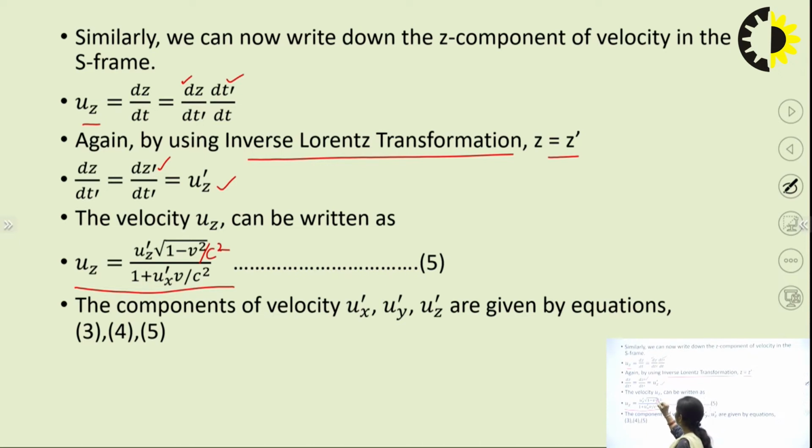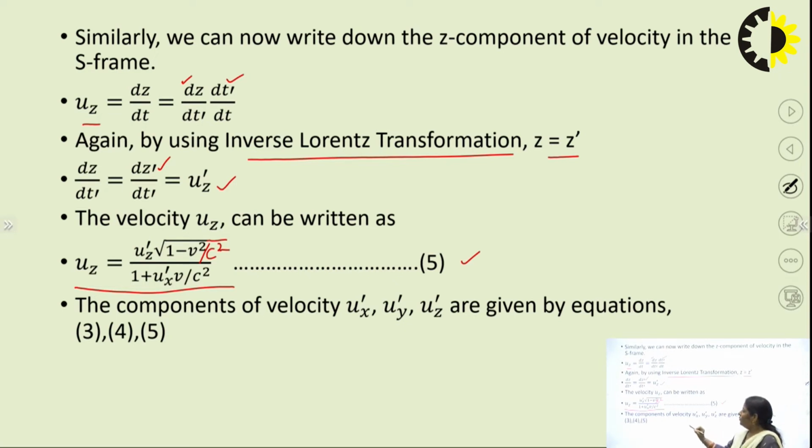Please see that inside the square root we have the complete factor 1 minus v square by c square. So this is our equation 5, and our last component of velocity, that means ux, uy and uz, these components of velocity we have to find out. So z is the last component.